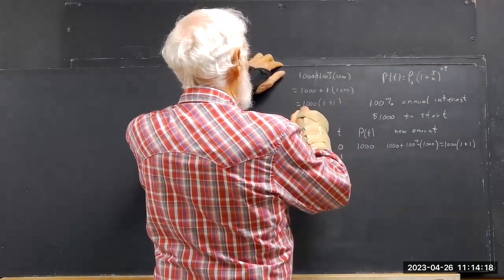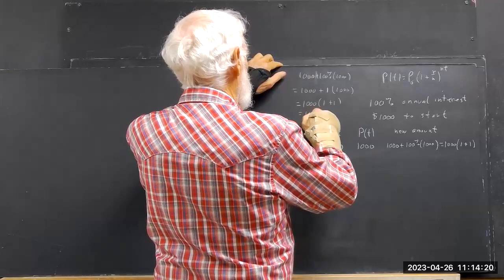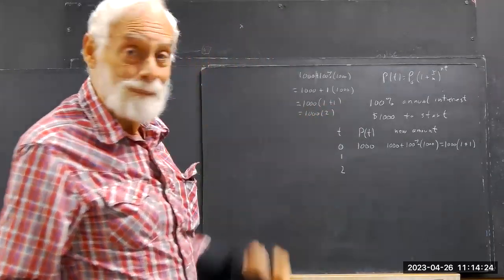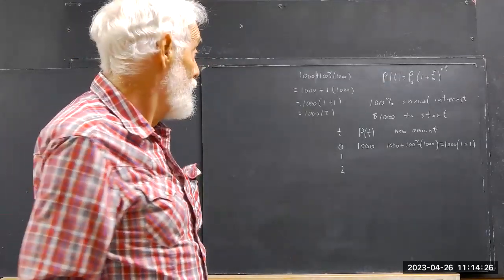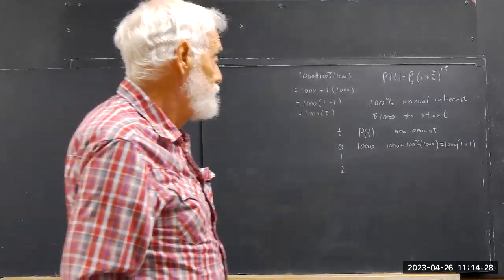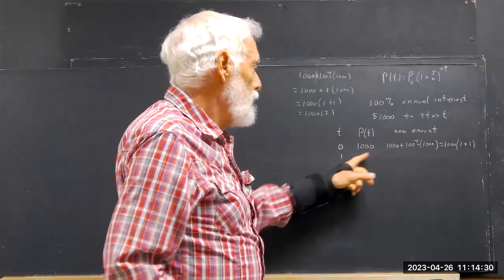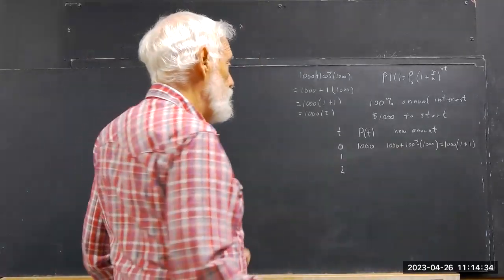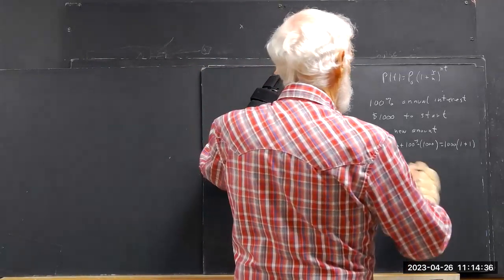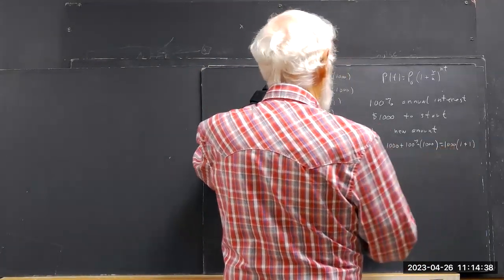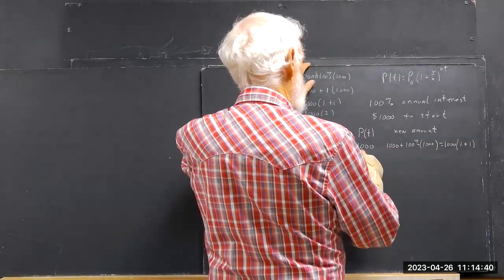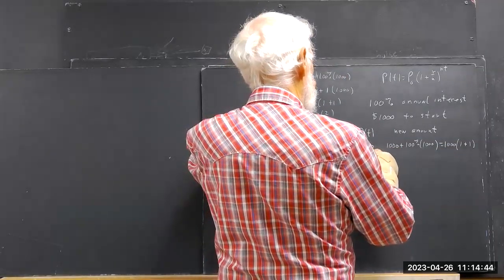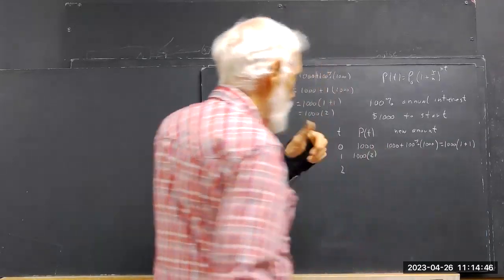And if we factor 1,000, we get 1,000 times 1 plus 1, which is 1,000 times 2. So our multiplier at 100% interest is going to be 2.